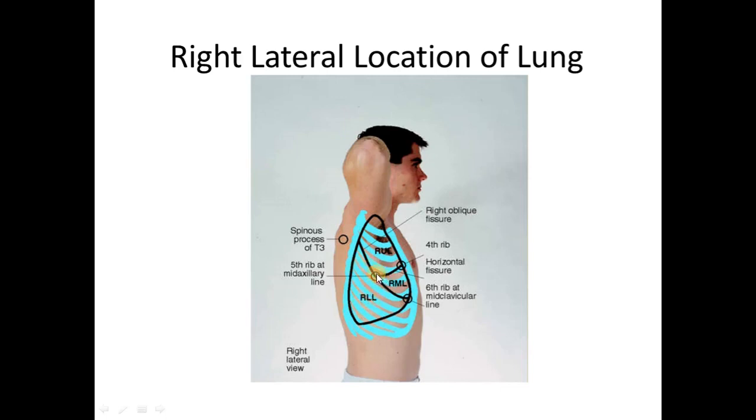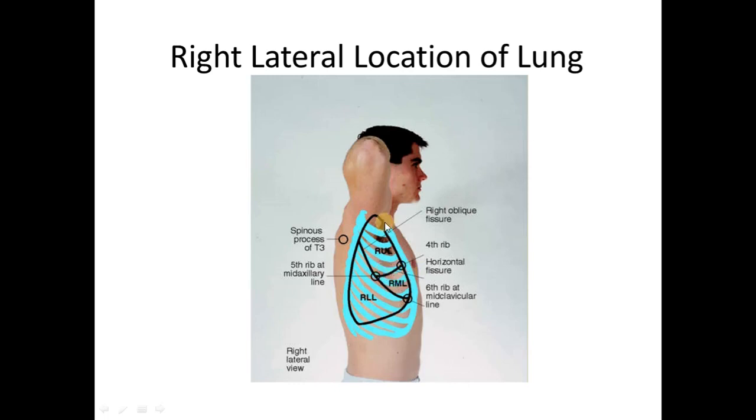We also have the transverse fissure that starts from approximately the fourth rib anteriorly and passes laterally, crossing the oblique fissure at the level of the fifth rib at the mid-axillary line.